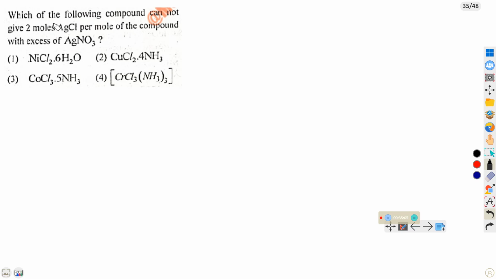Which of the following compounds cannot give 2 moles of AgCl per mole of the compound? Which does not give? Fourth one does not give. Because counter chlorine atoms are absent in this complex compound.